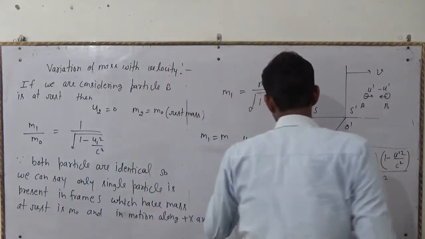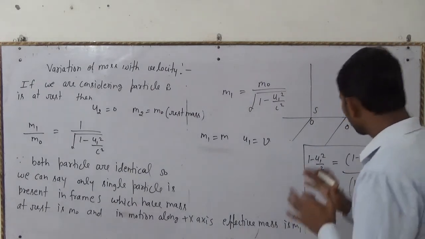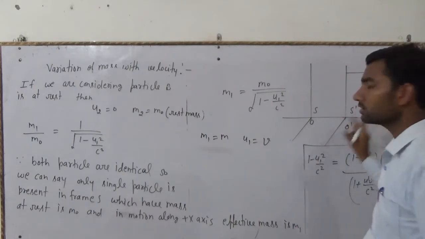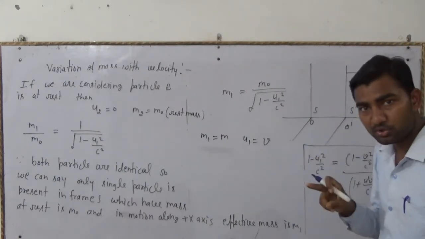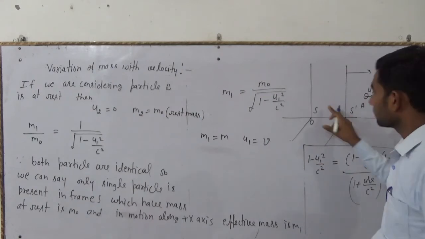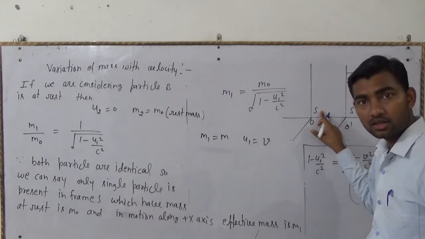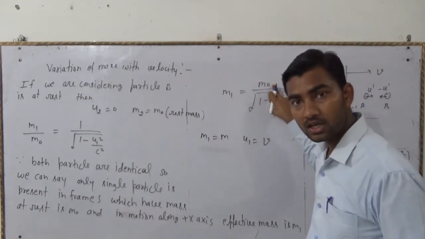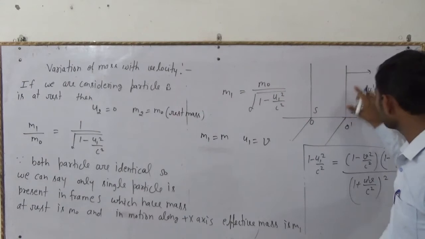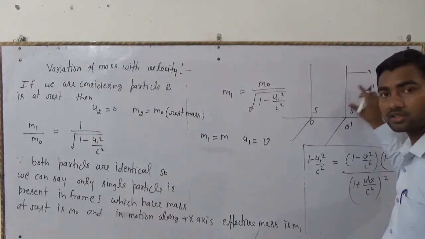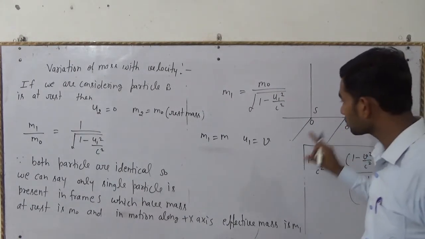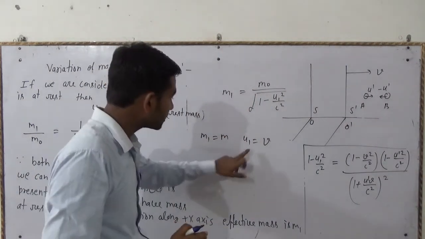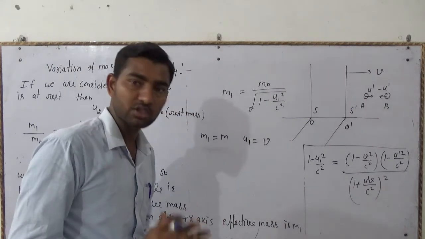Why are we writing u1 is equal to v? Because now we are considering the particle at rest with respect to frame S, and in rest position it has mass m naught, and because this frame is moving with velocity v, so here u1 is equal to v we are assuming.